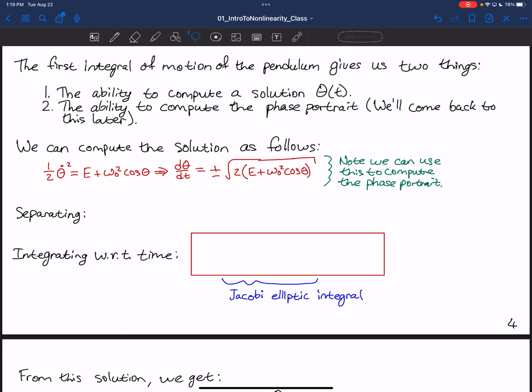We'll come back to this at some point, either later today or on Thursday. What we're then going to do is separate these out, and we will end up with plus or minus d theta divided by the square root of 2 times e plus omega 0 squared cosine theta. This is then equal to dt.